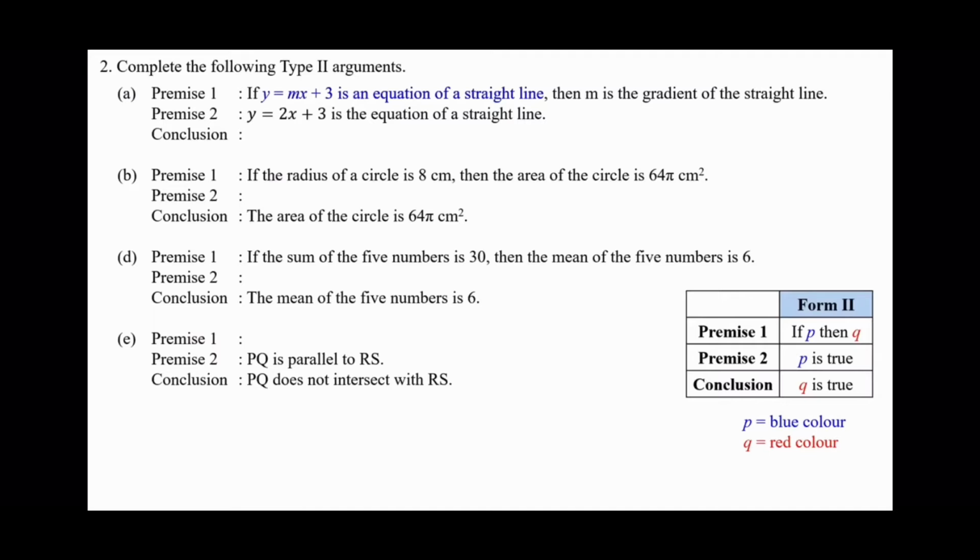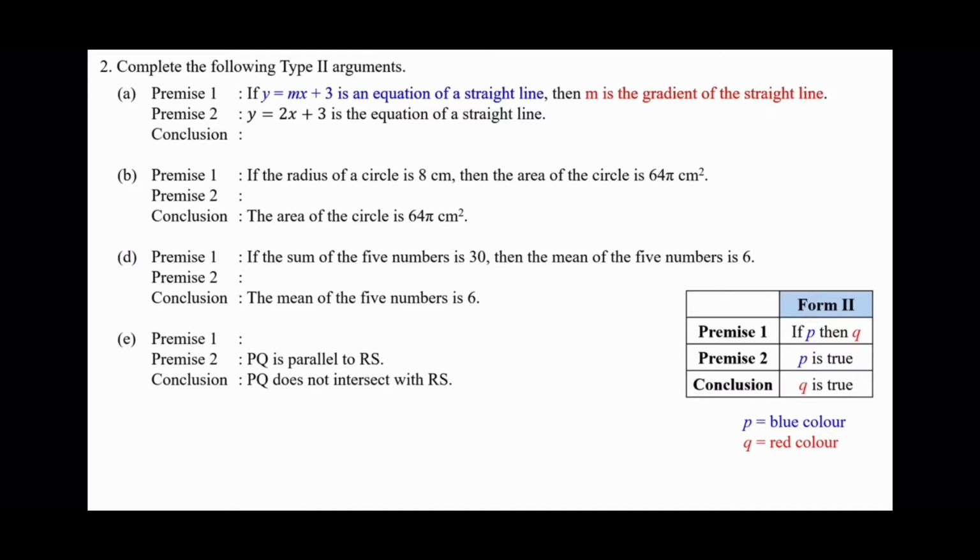So for premise 2 and the conclusion, we follow form 2: P is true, Q is true. This type of form 2 question is quite easy. Premise 2 is always you copy the P statement, P is true, and for the conclusion you just copy the red color statement, which is Q is true.